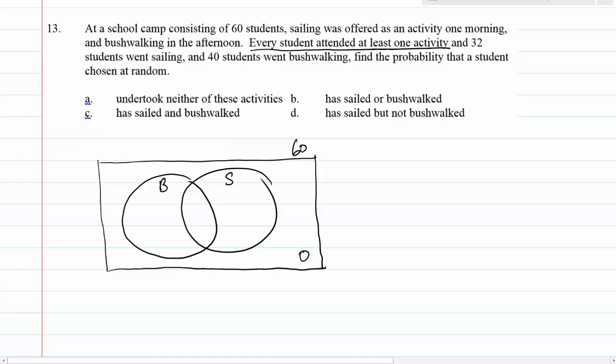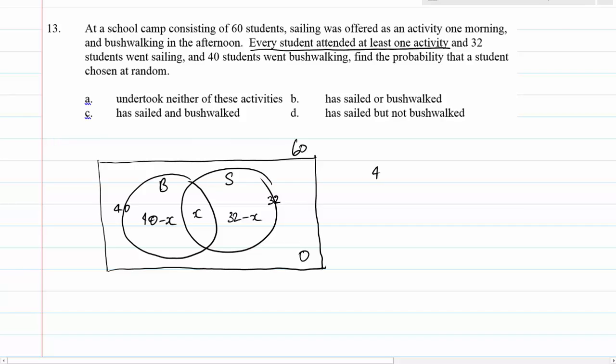There are 60 students in total, and I'm told of the 60 students, 32 went sailing. So this circle has 32 in it, and 40 students went bushwalking. So this circle has 40. I'm going to start with my unknown here, and call it x. Because that's x, I know that this is 40 minus x, and this is 32 minus x.